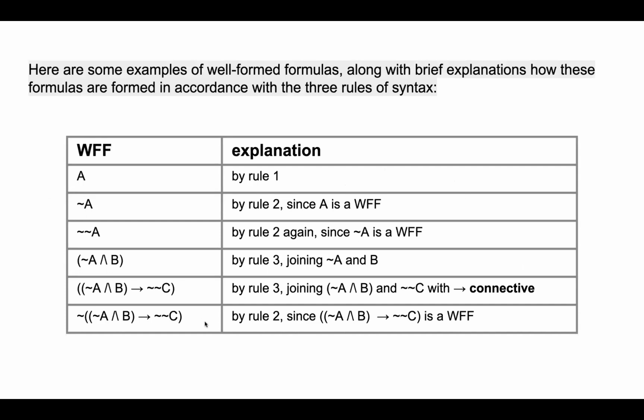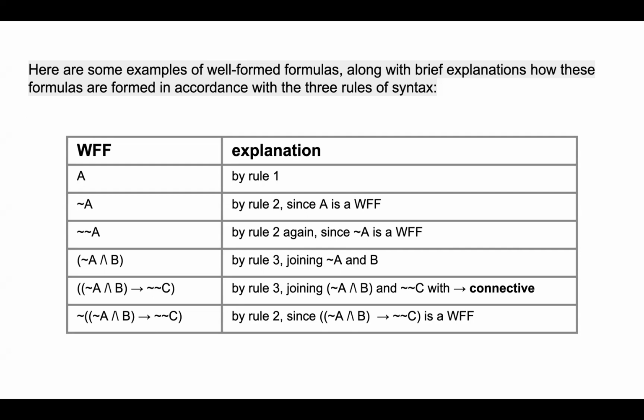Then here are some examples of well-formed formulas along with brief explanations of how these formulas are formed in accordance with the three rules of syntax. Three rules are which ones? A is an atomic formula. Then if A is an atomic formula, negation A is also a well-formed formula.